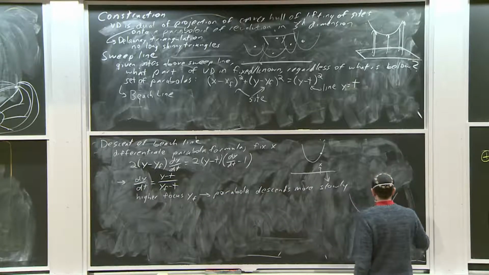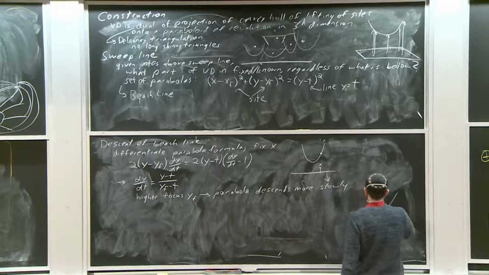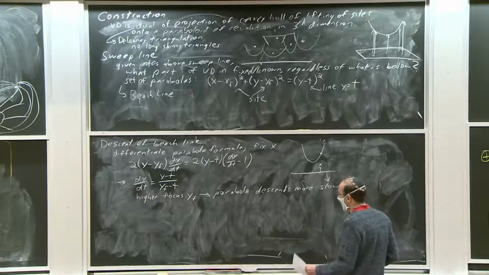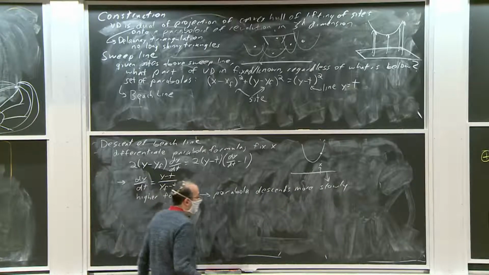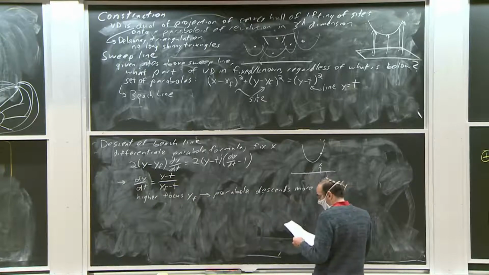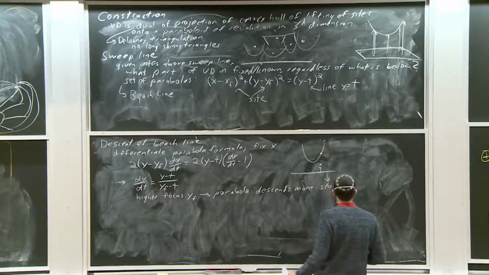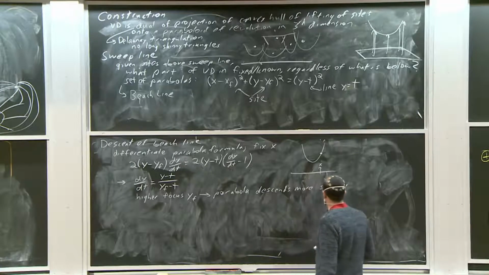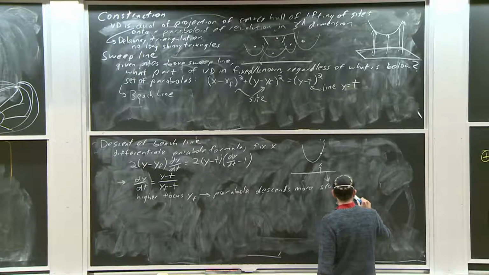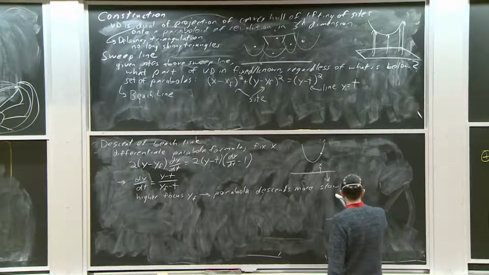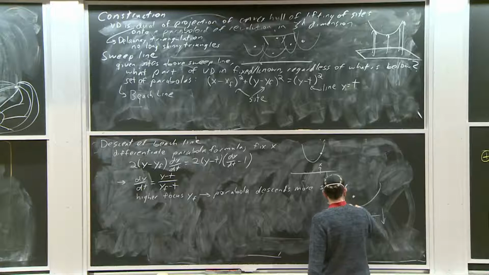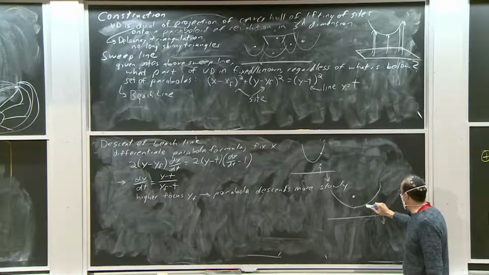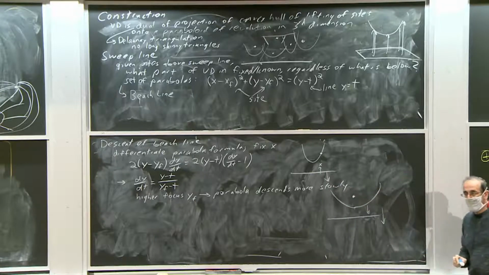So actually, let's now start mapping out some cases. This formula tells me what happens as long as I've only got one site. I've got this sweep line, and it's descending. And the parabola that's defined by this focus and the sweep line is also going to be descending.